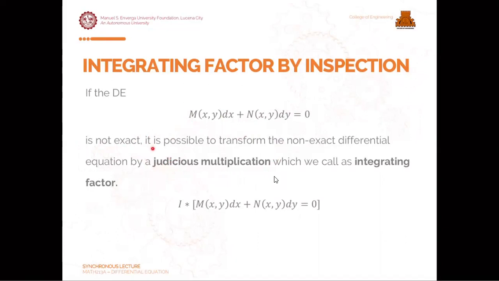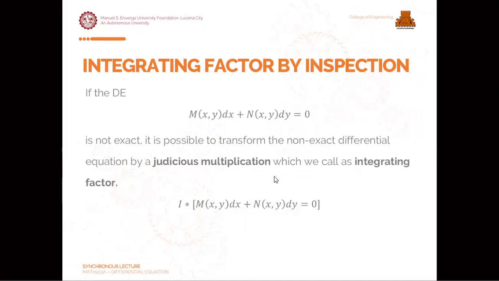Okay? Judicious, so ibig sabihin naka-base sa judgment nung nagsosolve. So basically, sa knowledge nyo ng differentials, no? Tinatawag nating integrating factor. Okay? So yung mga judicious multiplier na to, ito yung I na tinatawag natin sa solution, na kapag minultiply natin yung given differential equation natin na hindi exact, makukuha na natin yung madaling integration niya.